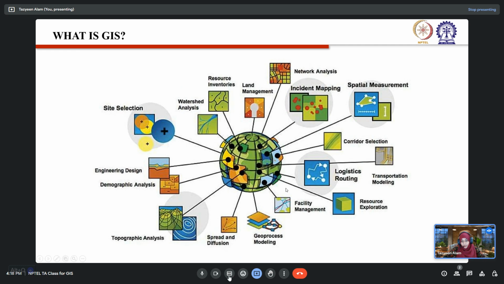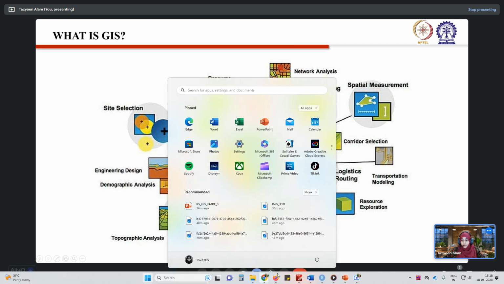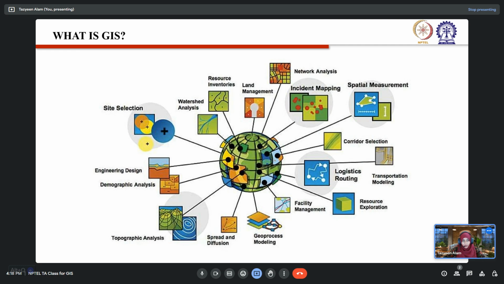What are you referring to as GIS? Whenever you're talking about GIS, you are talking about a system for capturing, storing, checking, integrating, manipulating, analyzing, and displaying data which are spatially referenced to the Earth. This was defined by Corley in 1987.